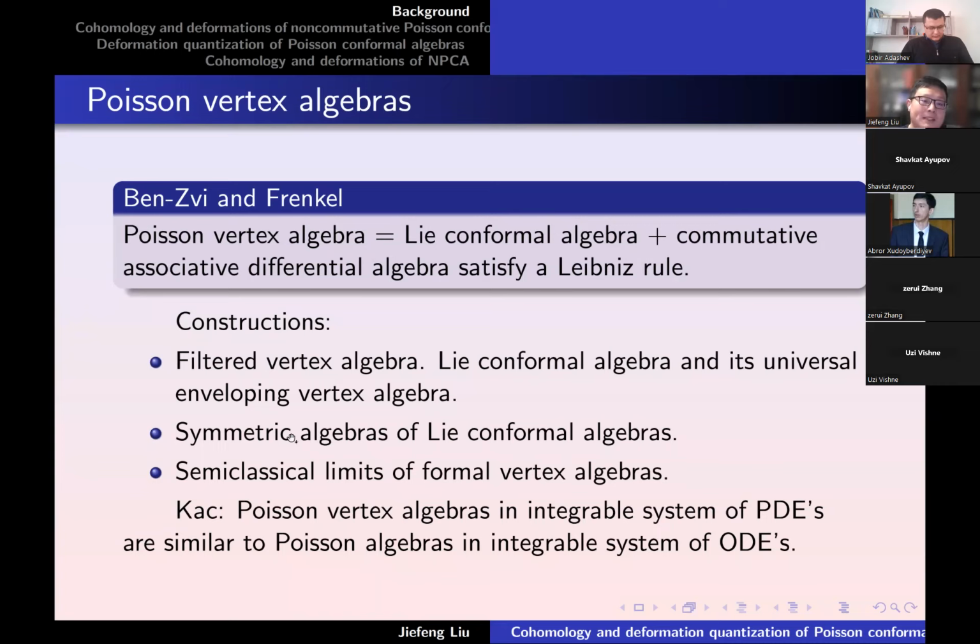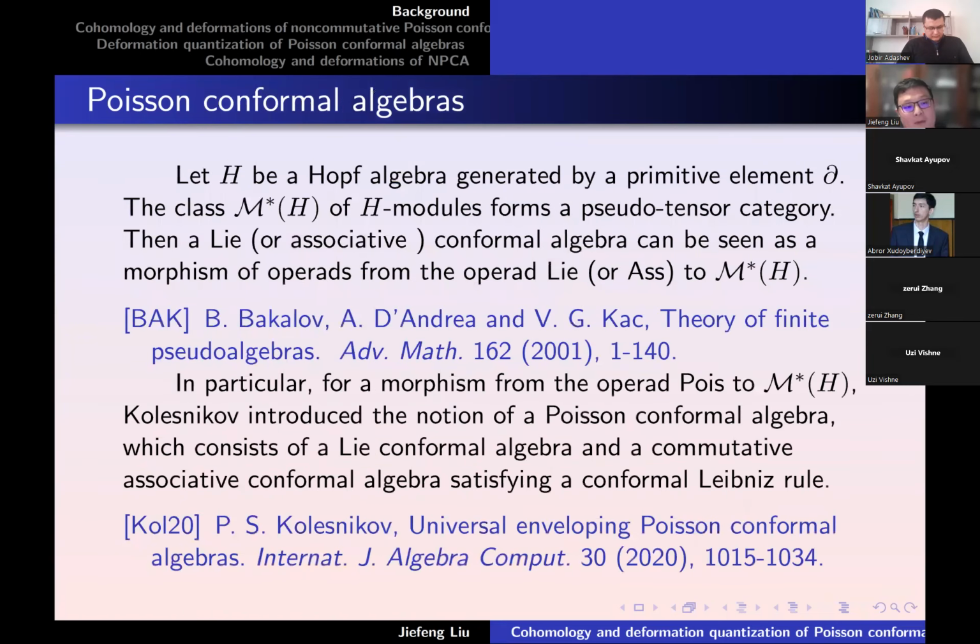So, Poisson vertex algebra is an important object of study, but there is also another Poisson type algebra related to the conformal algebras, which is Poisson conformal algebra. Now we recall some background of Poisson conformal algebra. It's a very new object, but it's really the conformal analog of Poisson algebras.